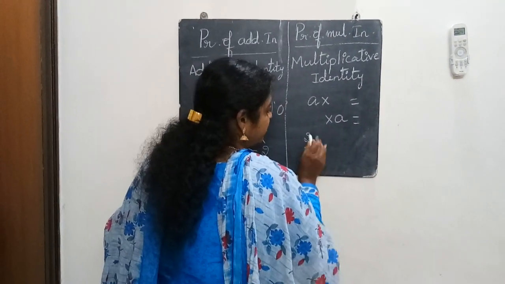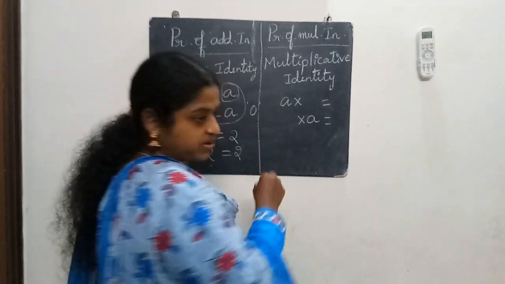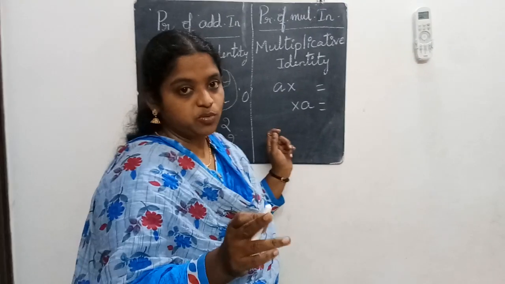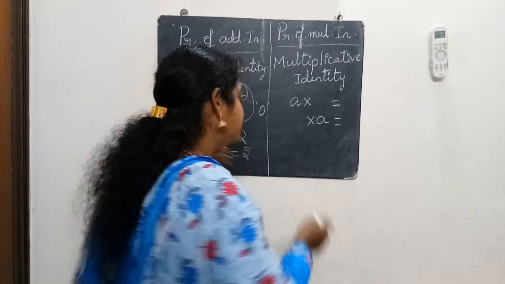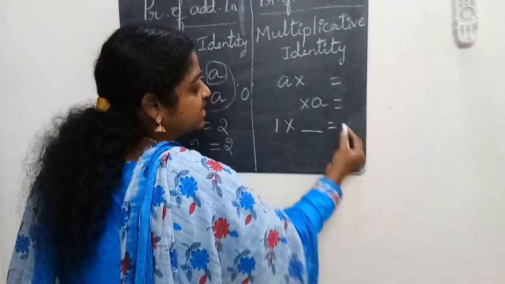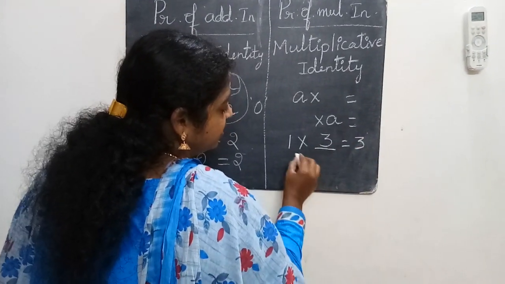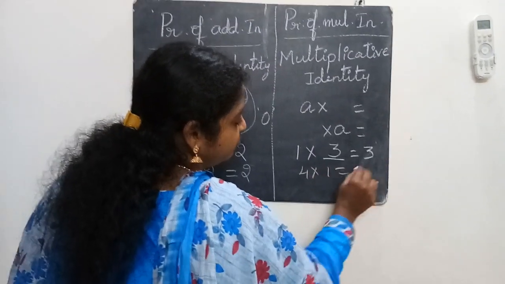But here you observe that in the 1 table, 1 1s are 1, 2 1s are 2, 3 1s are 3. So when you multiply 1 with any other integer, the answer will be the integer only. For example, 1 into 3 is 3, 4 into 1 is 4.